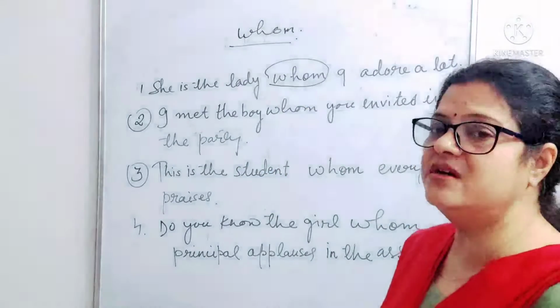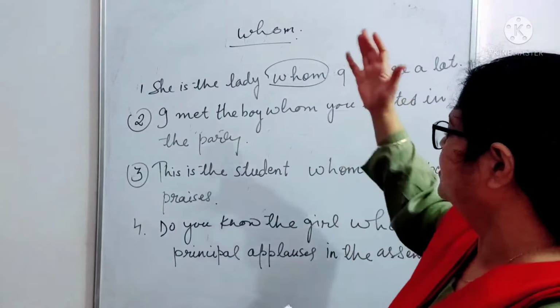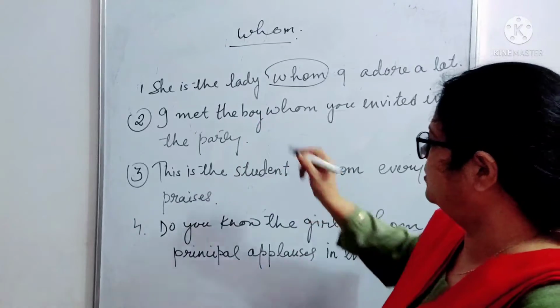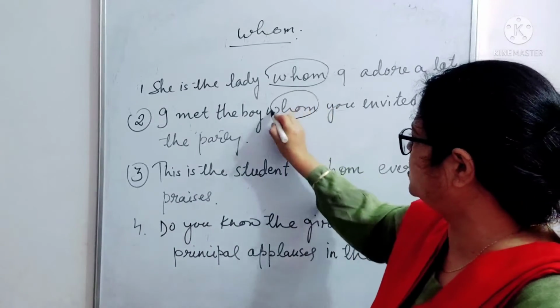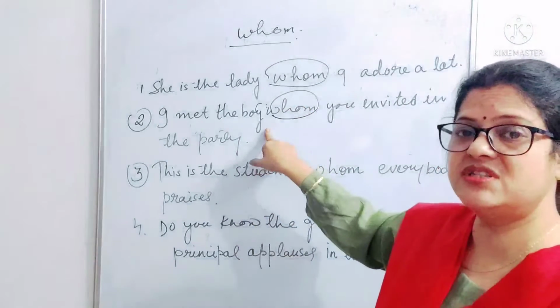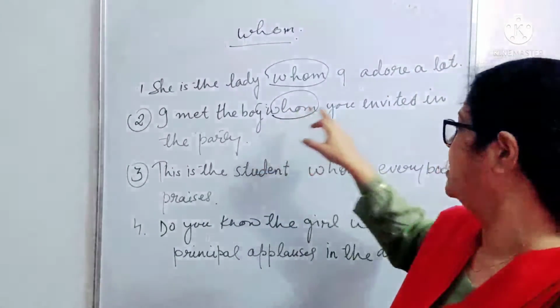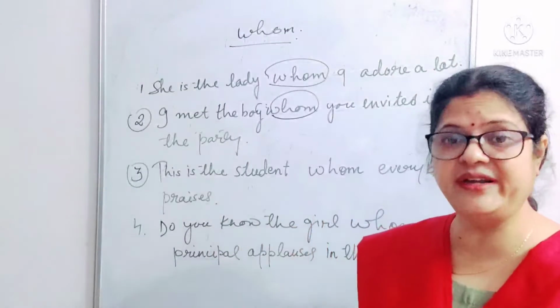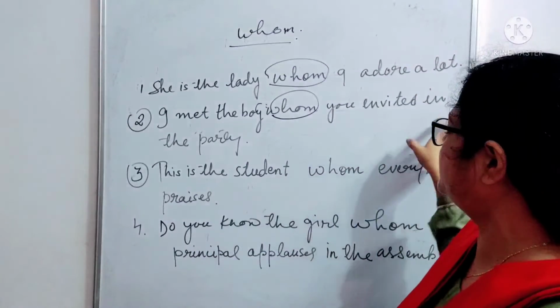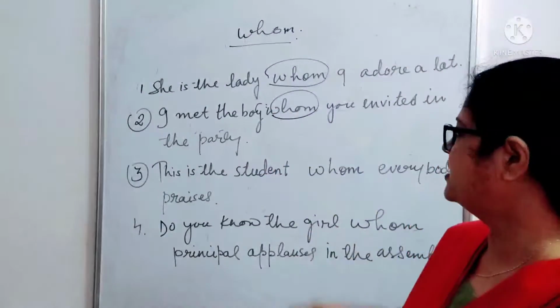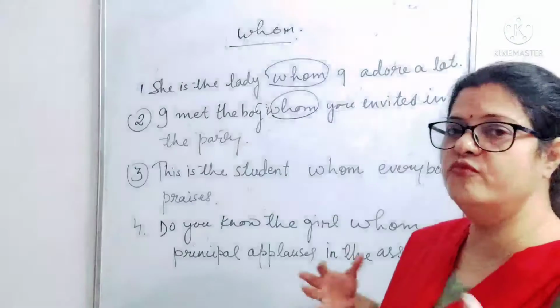So whom is here working as an object in the sentence. I met the boy. This relative pronoun is talking about this boy, but this boy is not the subject in this sentence. Here the subject is you, because you did the work of inviting the boy. So you invited in the party whom? The boy. That is why we have used whom for it.